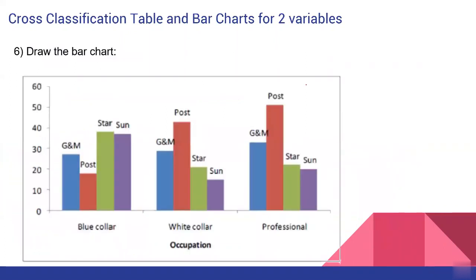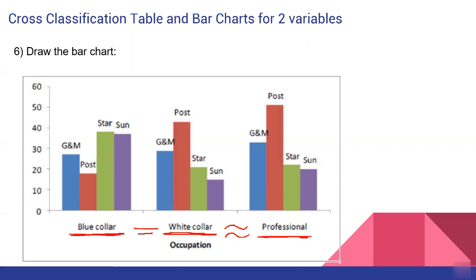Right? And then we can draw the 3 bar charts on the same diagram. For example, for blue collar, we can draw all the bars representing the frequency of each type of newspaper. And we can do the same thing for white collar readers and professional readers, right? Then from the diagram, we can see that the patterns of the white collar and professional are almost the same, right?